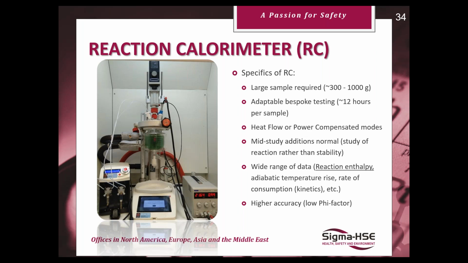So the heat flow calorimetry closely monitors the temperature difference between the jacket and the reactor, which is then converted into heat flow by means of a calibration factor. So this method takes a little longer because we have to calibrate before and after the reaction, since the thermal conductivity of the solution will change as products are formed.